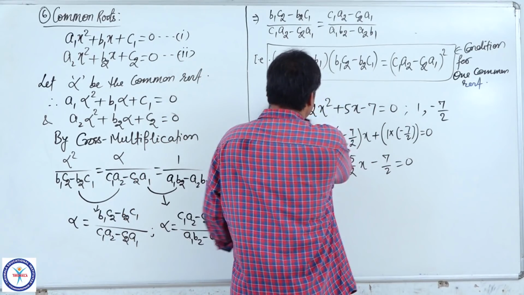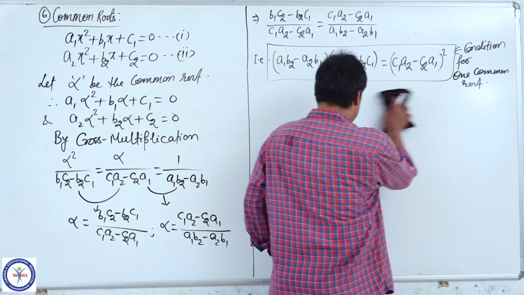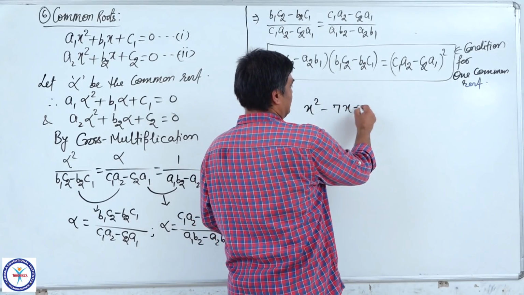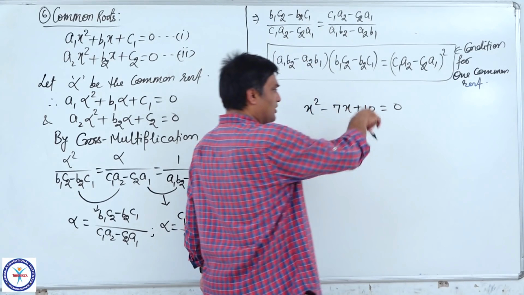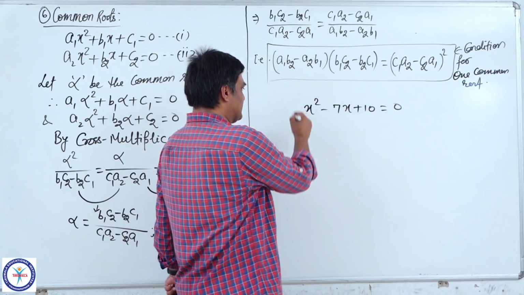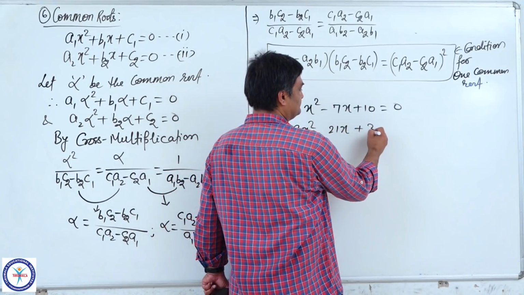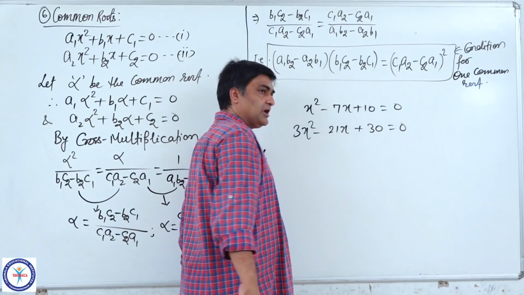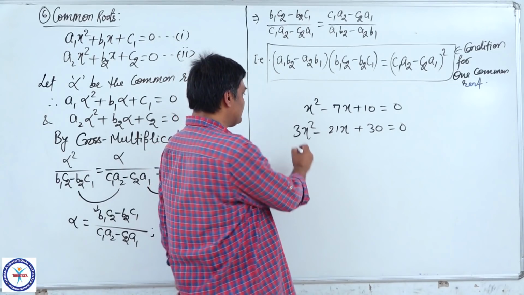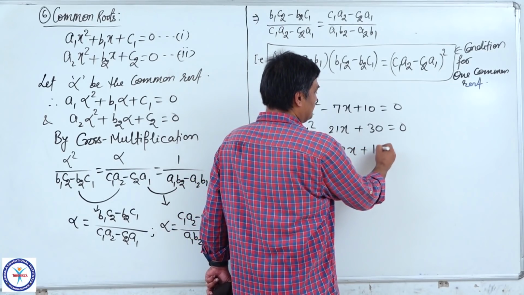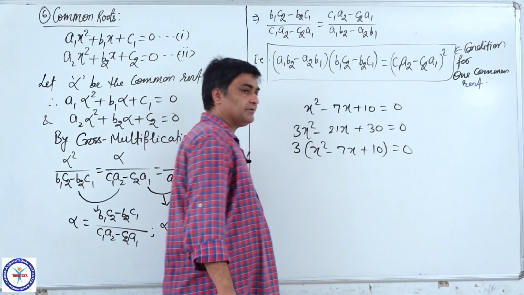Even if you consider this quadratic equation, roots are 2, 5. We multiply by 3. Equation wise there is no change, because if we take 3 common, the same thing will appear.